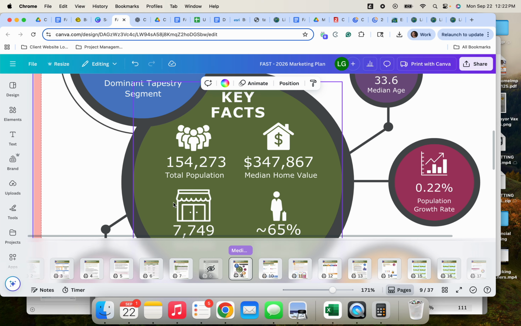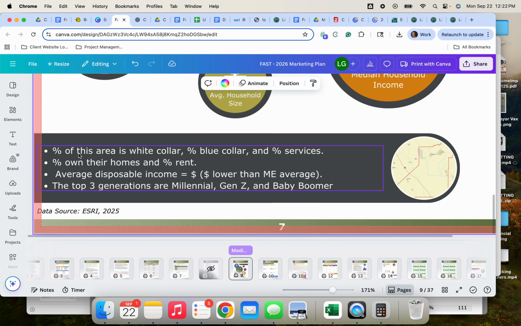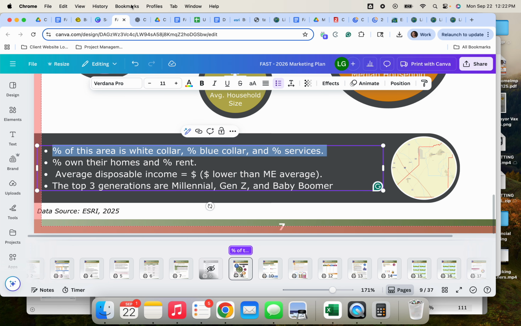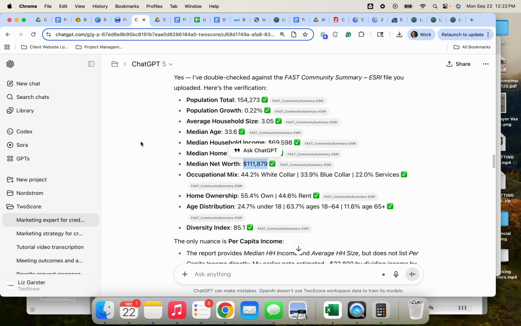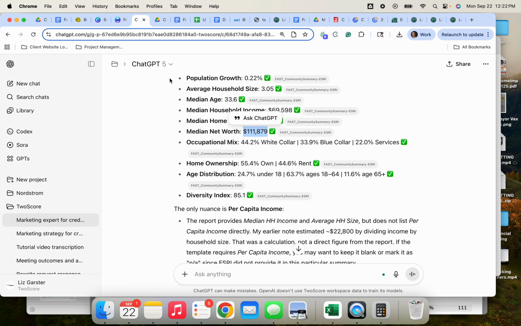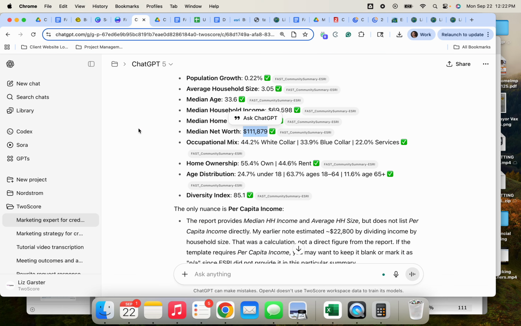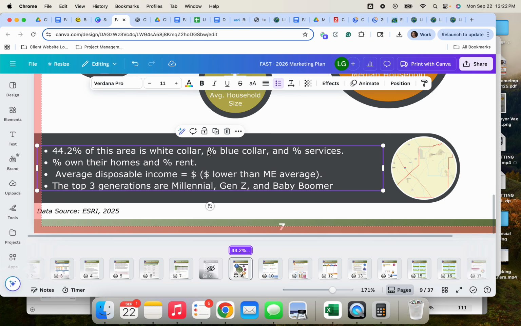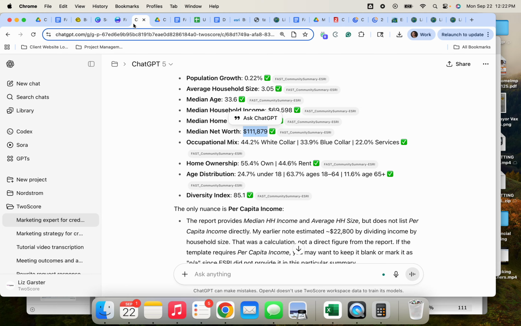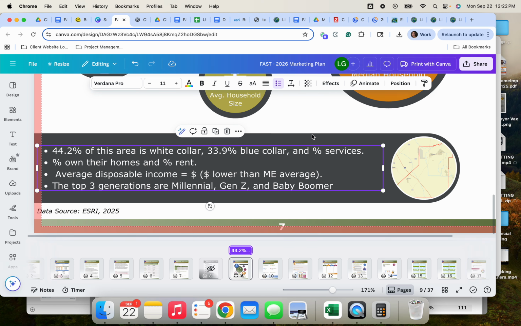Okay. So got that. Now we have what percentage is in what category here. 44.2% white collar, and 33.9% is blue collar, and 22% is services.